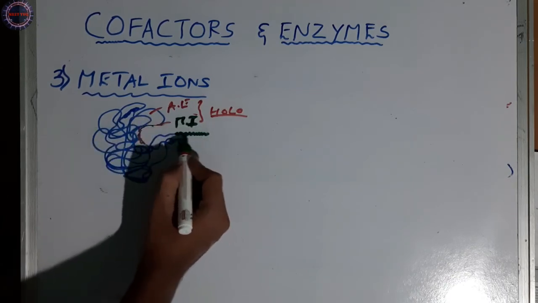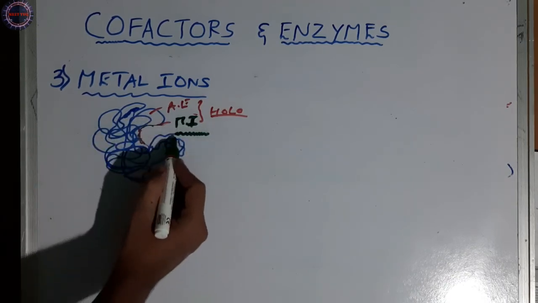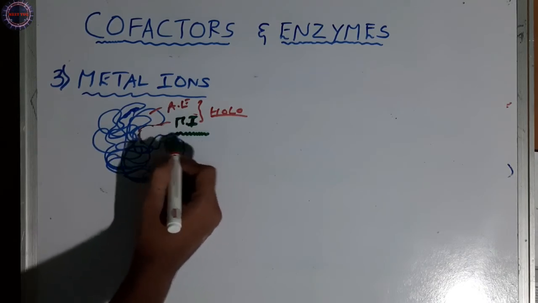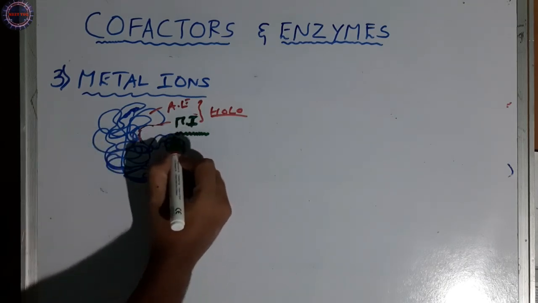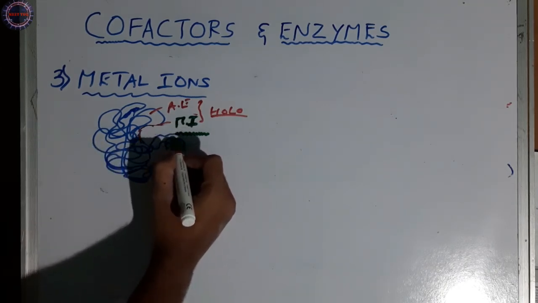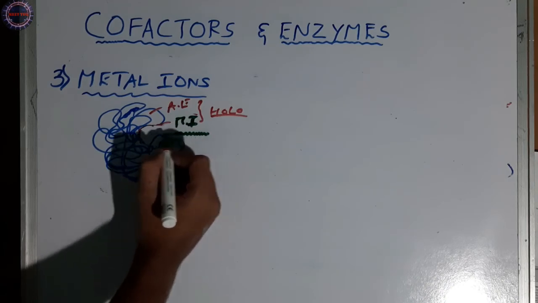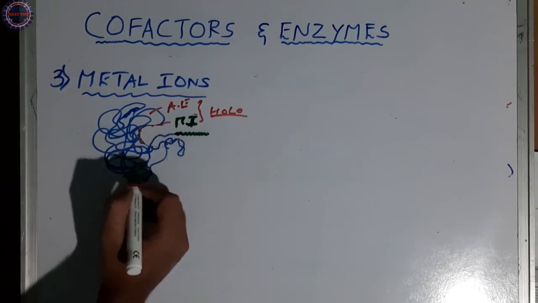So this is the metal ion which is attached or linked to the polypeptide chain of the active site of the enzyme. Got it? Here I have to tell you what type of linkage is there between the metal ion and the protein part of the enzyme.